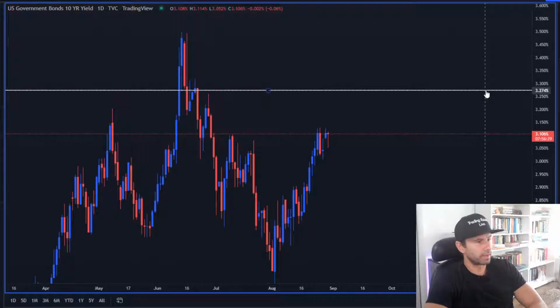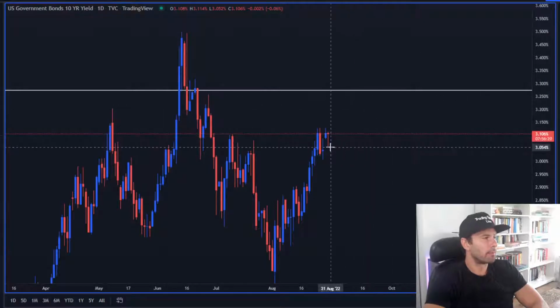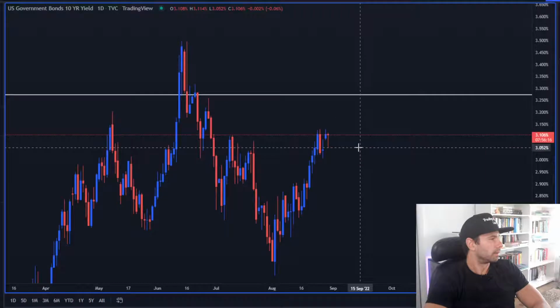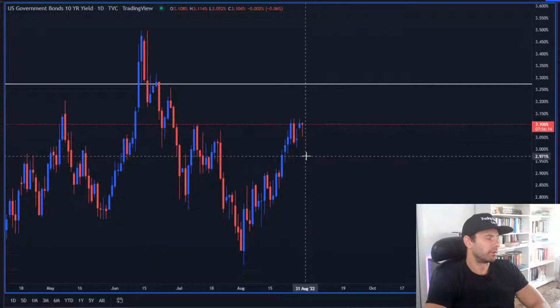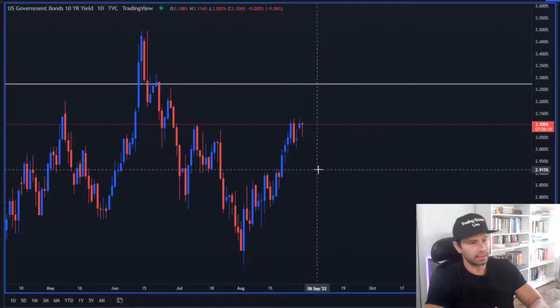That will mean 3.27 for the 10-year yield. So that will translate into some bearishness on the market because the market is not liking higher rates right now, especially tech.